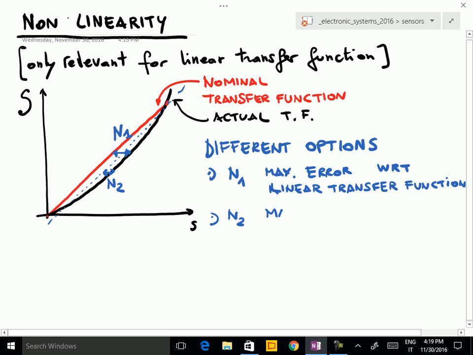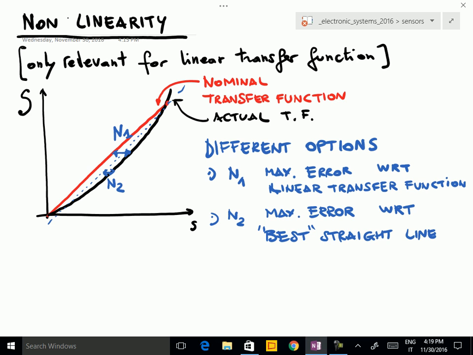So it is the maximum error with respect to the best straight line. Best means best in terms of the least square minimum or some other principles.